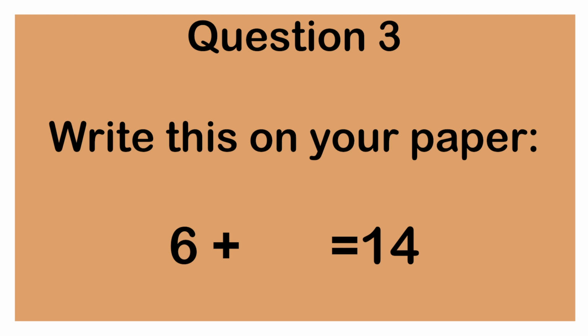Then draw a bar model to match your work. 6 plus blank equals 14. Okay, so take the time to label your total and your parts right now. And you can pause the video if you're still writing everything out.